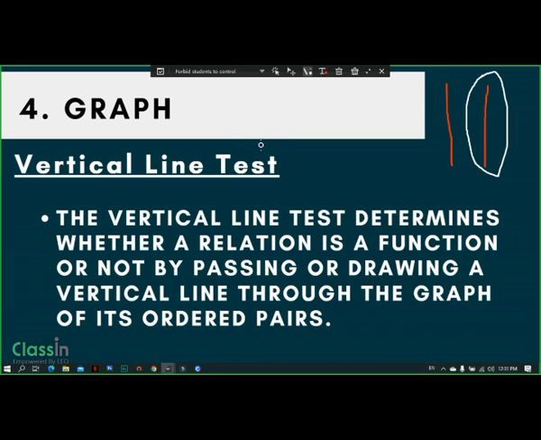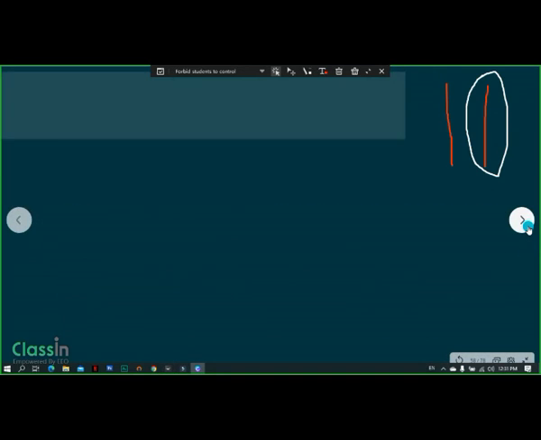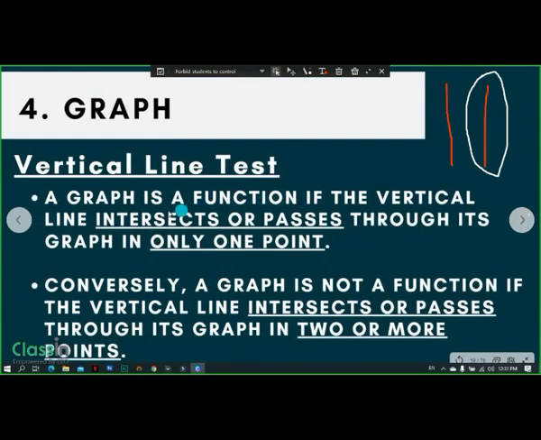Okay? So, ano pong kailangan nating tandaan pagka ganito? Sa vertical line test, sabi po, malalaman natin na function ang isang graph when the vertical line intersects or passes through its graph in only one point.